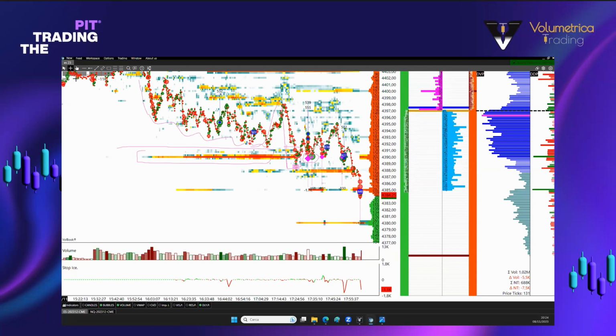It looks like a tiny response from here, but if we calculate it tick by tick, those are 5 points. It's not that much, but it could have been more than just a nice scalp.